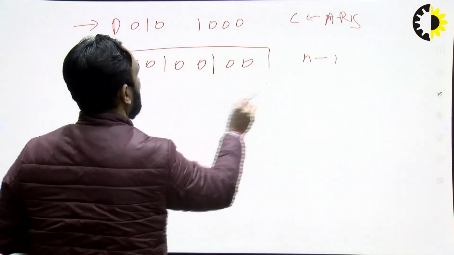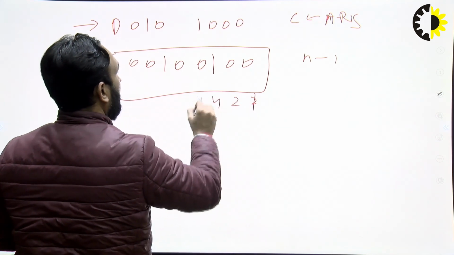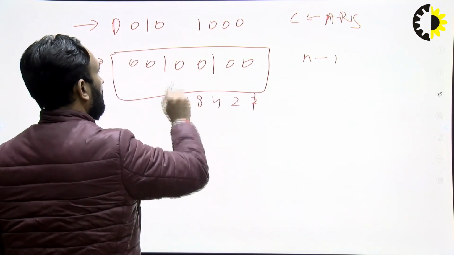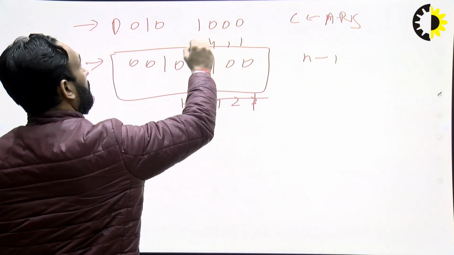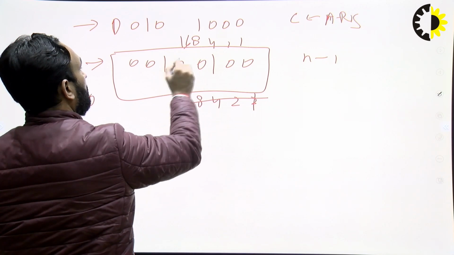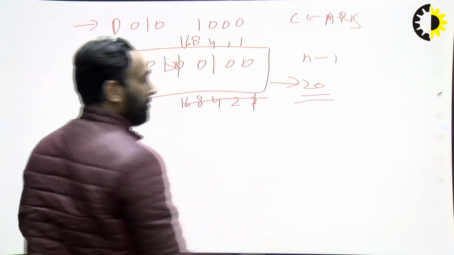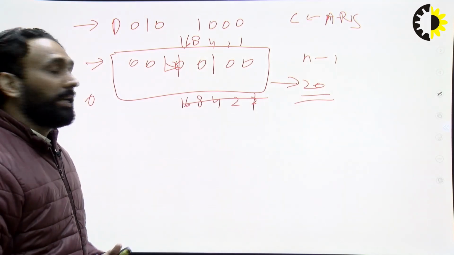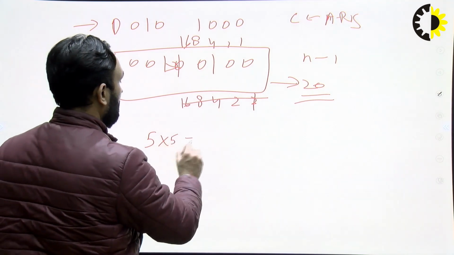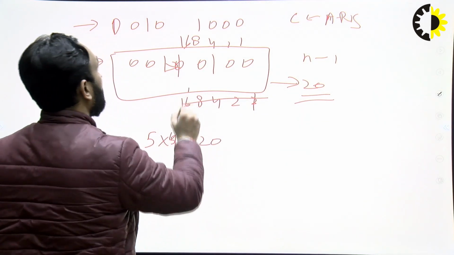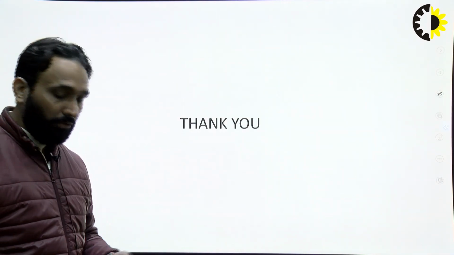And the final outcome is this: 1 2 4 8 16, sorry, 2 4 8 16, that will shift here, and the final value is 20. So by this method we calculate the value of 5 into 4, that is 20, and that is the binary of 20. So thank you. We will meet in the next video for Booth division.